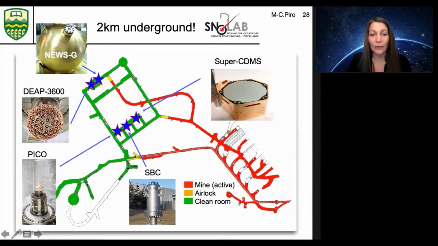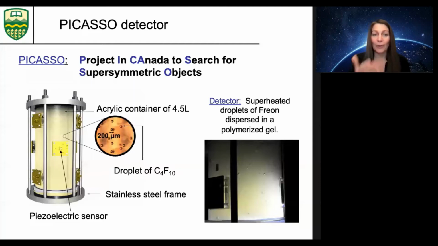So this detector is in fact a project in Canada to search for supersymmetric objects, and it consists of superheated droplets of freon dispersed in a polymerized gel.